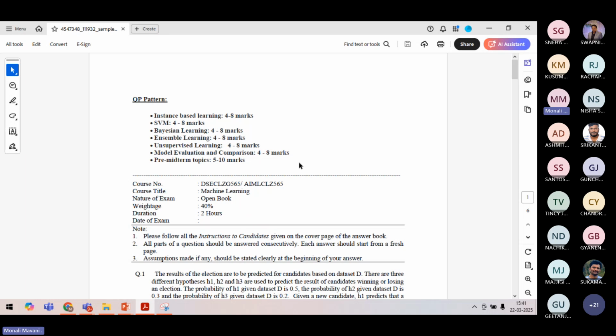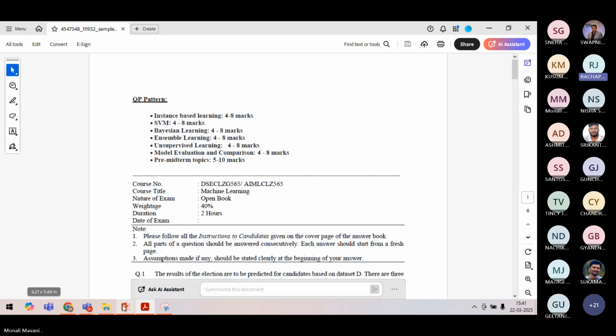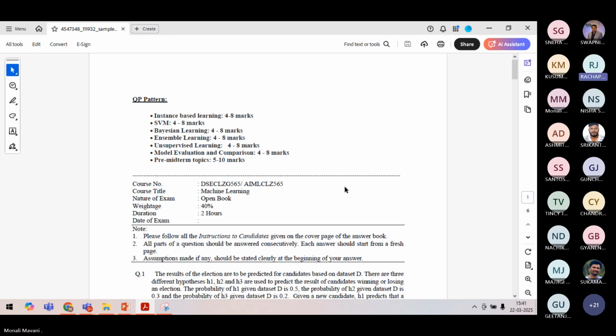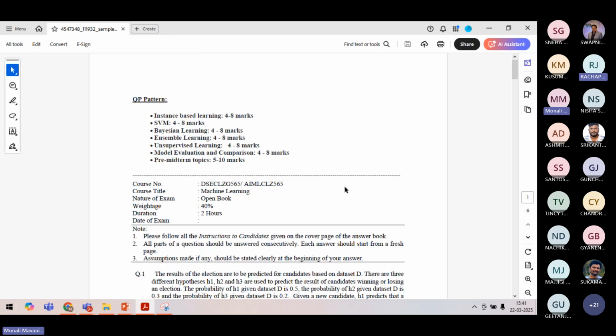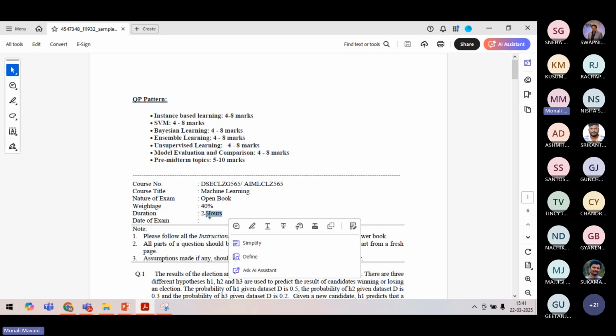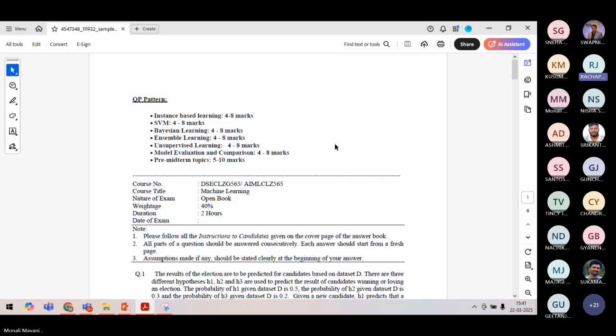This paper has 8 questions and needs to be solved in 2 hours. Is that possible? It should be 2.5 hours. 40 marks exams are 2.5 hours, and 30 marks exams are 2 hours. There's a mistake; this has to be 2.5 hours. Our exams are also 2.5 hours, check the exam timetable you have been given.